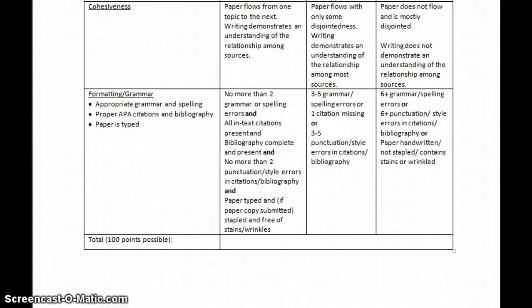Formatting and grammar. This is going to be a little longer than some of the other work that you did, so I kept the same number of grammar errors through here: no more than 2, 3 to 5, 6 plus. I left those the same because it's a longer paper, but really watch those citations, the punctuation, the bibliography, all of that.